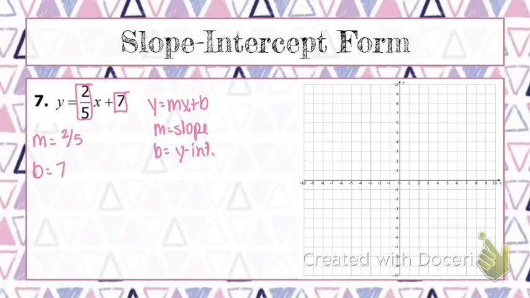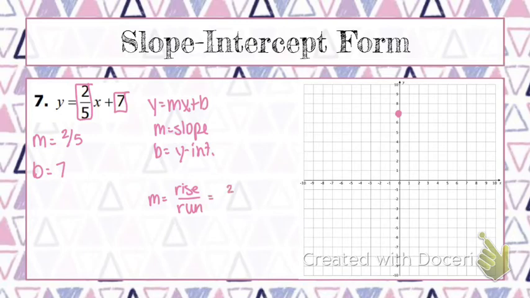So what this means, or the way that we're going to do this, is we are going to start on the y-axis at the number 7, because the y-intercept means the place where it crosses the y-axis. And we know that that's at 7, so we're going to put a dot there because we know it goes through that point. Now remember that slope is rise over run.